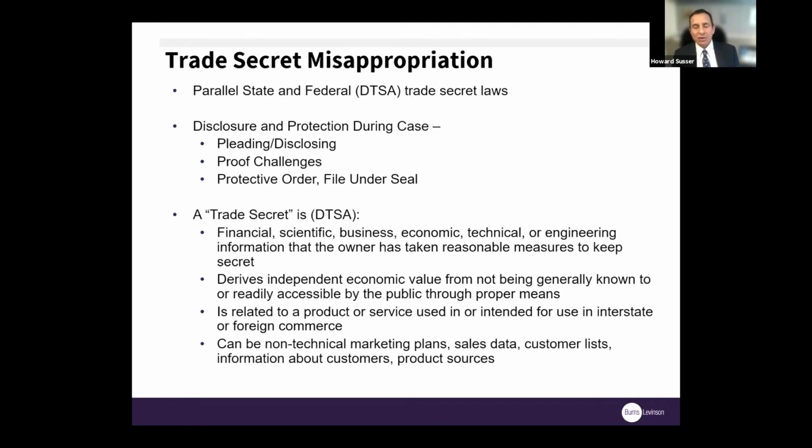And that's challenging to do from the get-go. You have to have a complaint. So there are a variety of ways of protecting confidential trade secret information in courts. And what courts will do, once a case is rolling, is set up a protective order.